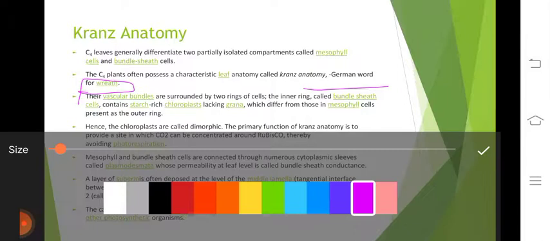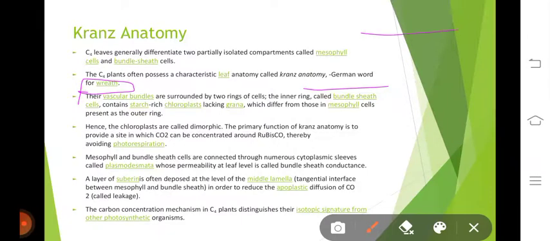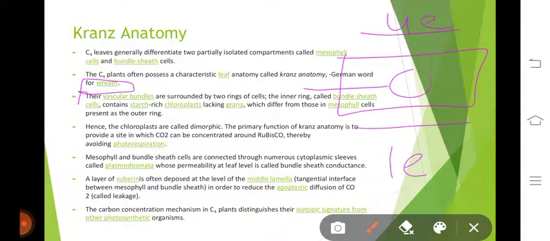As we know, the internal structure of any leaf has an upper epidermis and lower epidermis, with the mesophyll in the center, and in between there is a bundle sheath that surrounds the vascular bundles, the xylem and phloem.